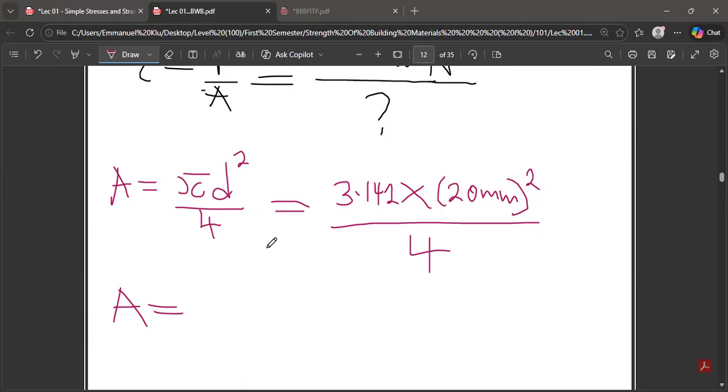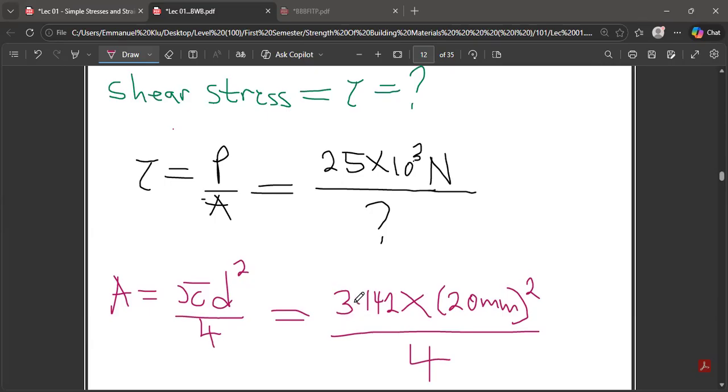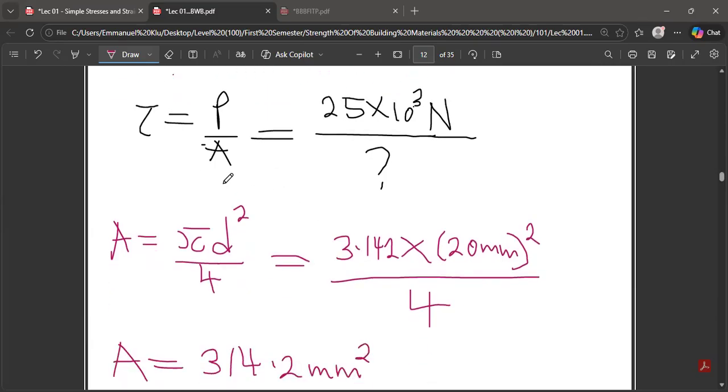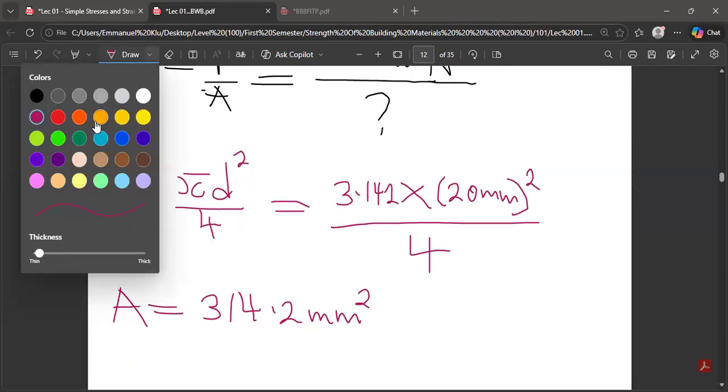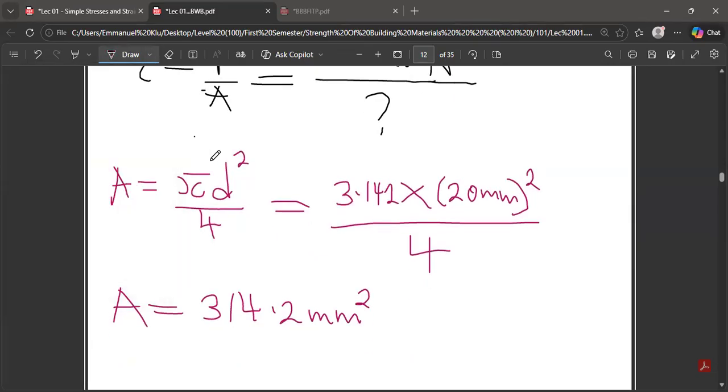And you realize they are going to get 314.2 millimeter squared. If you mention an answer without a unit, you'll be marked wrong. I told you in our previous lectures. Good. So we can now substitute this into our equation and life becomes much easier.